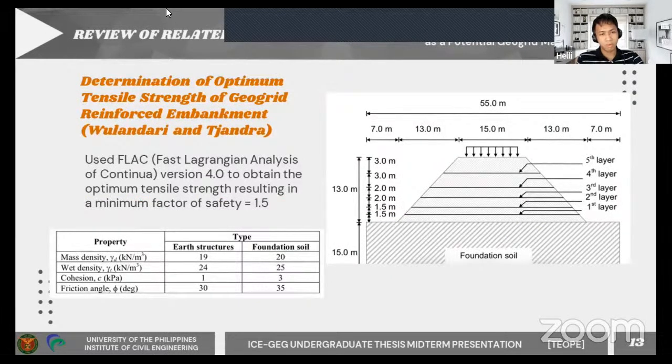Next is a study by Wulandari and Tahandra entitled The Determination of Optimal Tensile Strength of Geogrid Reinforced Embankment, which will serve as the base research where the method of comparing the capabilities of the PLA and polypropylene geogrid will come from, along with supplying the needed additional variables to run FLAC.